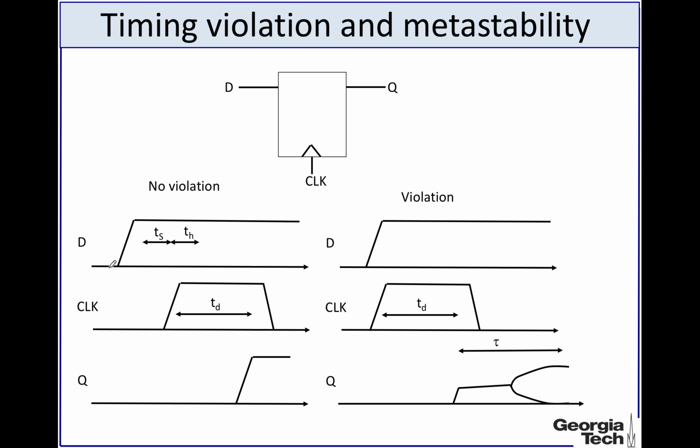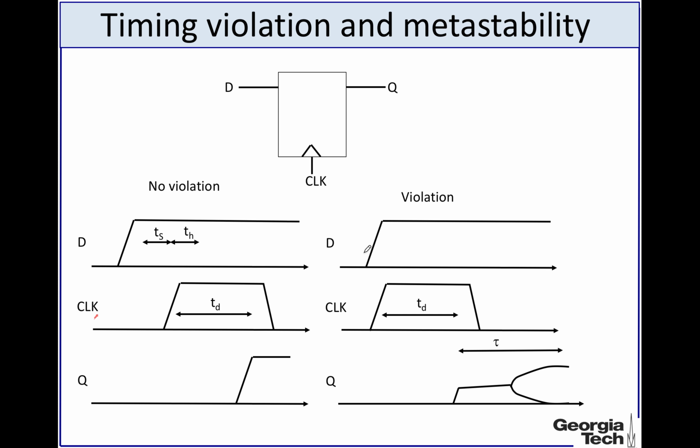For example, the input D goes from 0 to VDD at this time, and the clock arrives after some time such that there is no timing violation here, and as a result, after the clock signal arrives, after some delay, the output Q will just take the value of D. So basically Q will change to a logic value of 1, or the voltage at Q will change to VDD, after td amount of time after the clock edge.